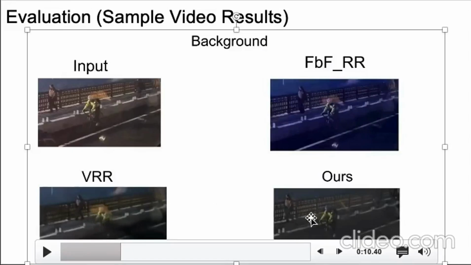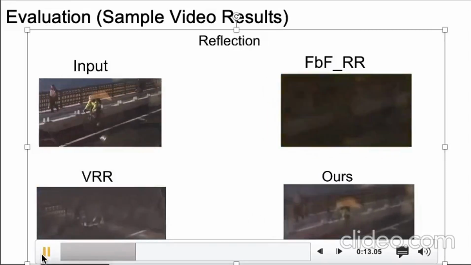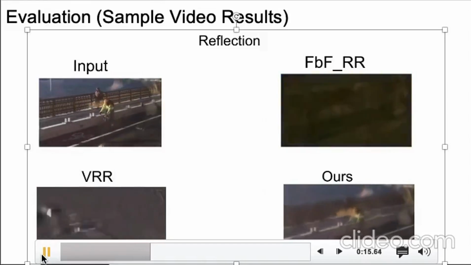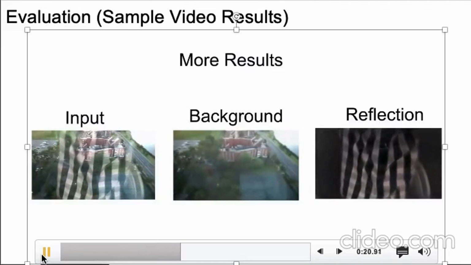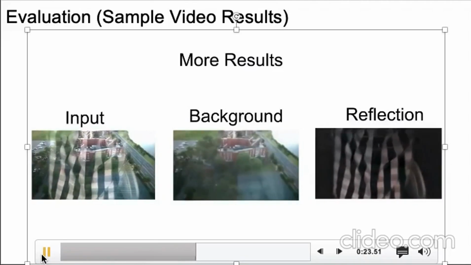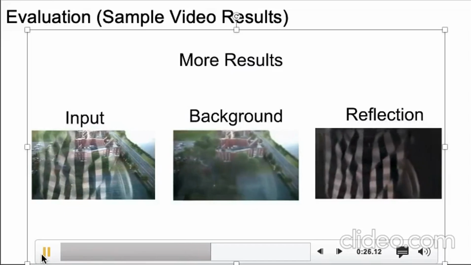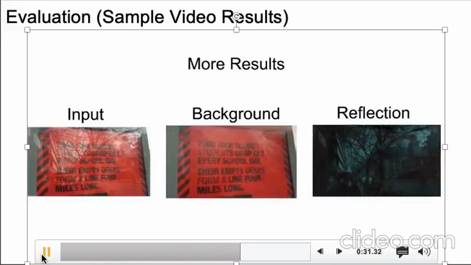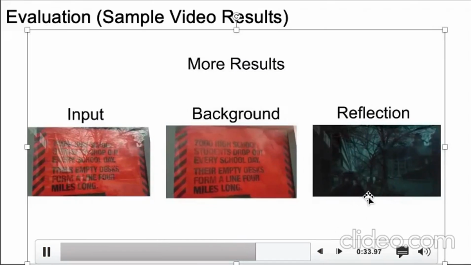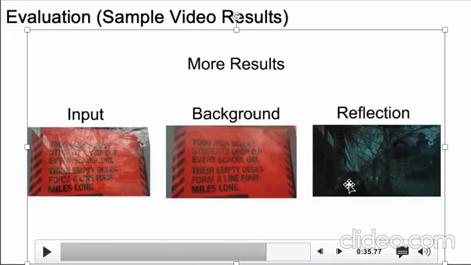However, our method showed the best separation out of all of them. Here are some more results. Here we can see better separation, and we can see the reflection layer and a person taking a video of the red sign. We can also see the street and the signs in the reflection.